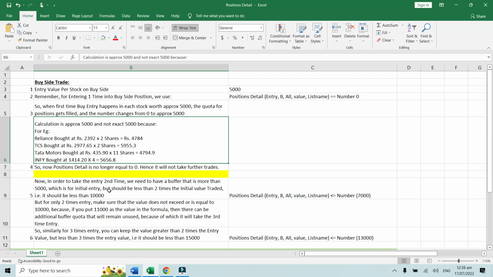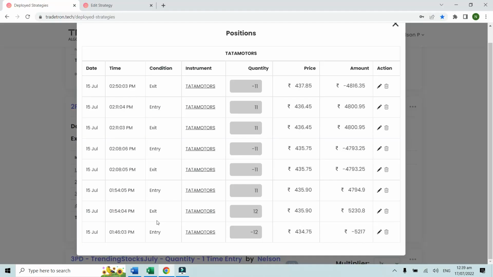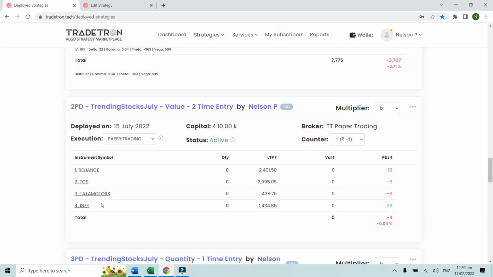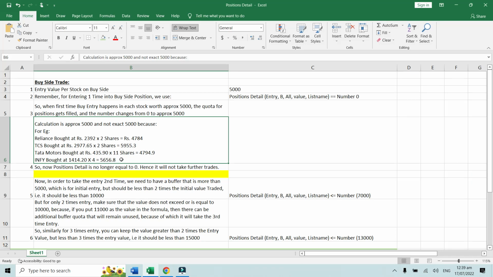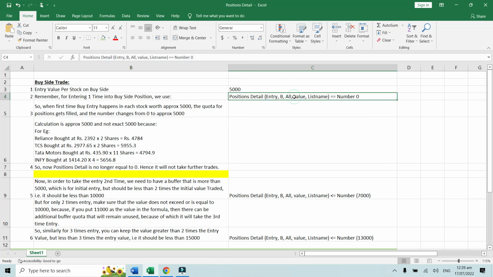And for Infosys, the price is 1414 as we see over here, and it bought 4 quantity at 1414. So that value comes to around 5,656.8. Now the positions detail in this case is no longer equal to 0. Hence it will not take further trades when the positions detail is equal to 0.